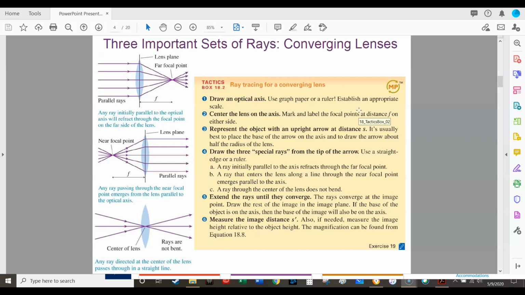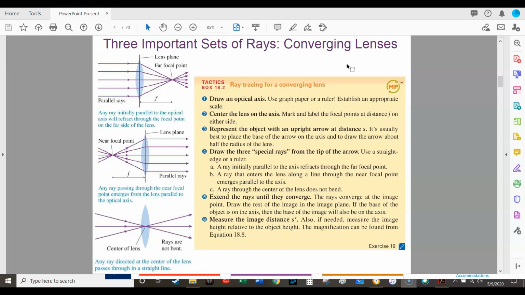Well, we're going to just concentrate on converging lenses for right now for the first part of this. Okay. So the rules for drawing these rays are the same type of rules that you would do for the spherical mirrors that we did in 7.4.